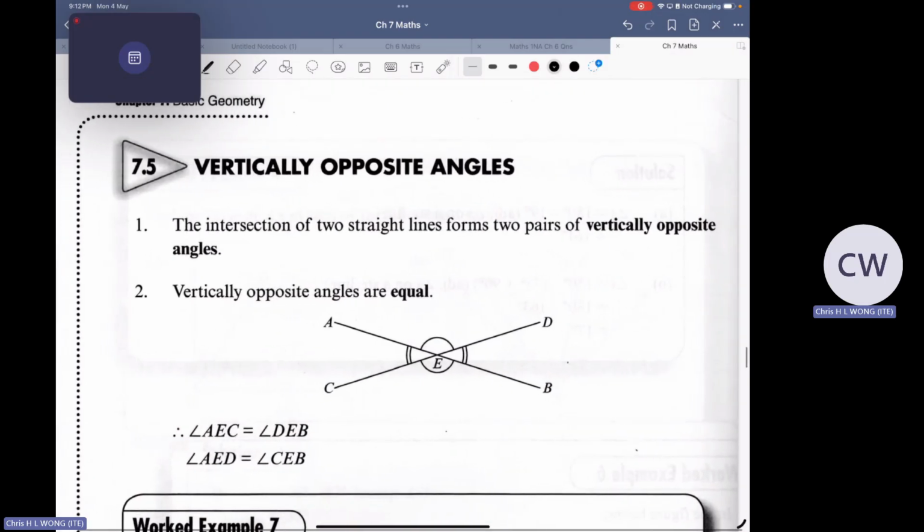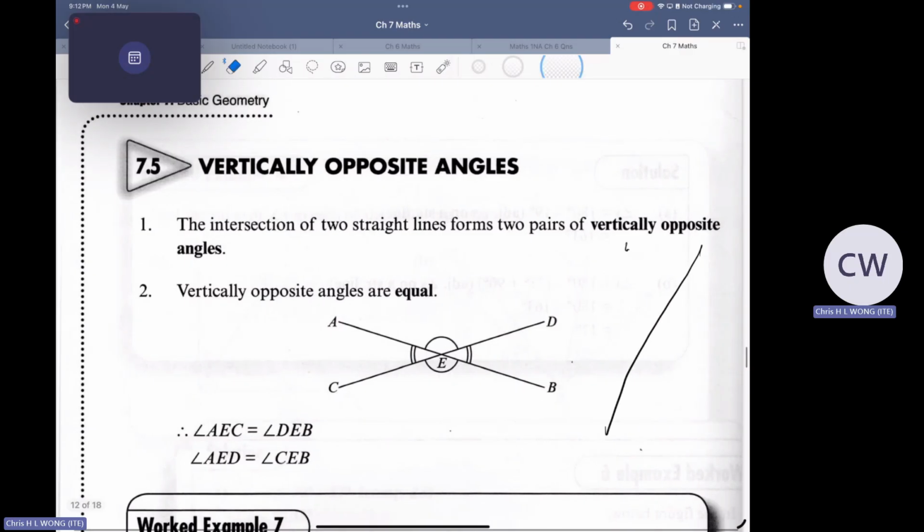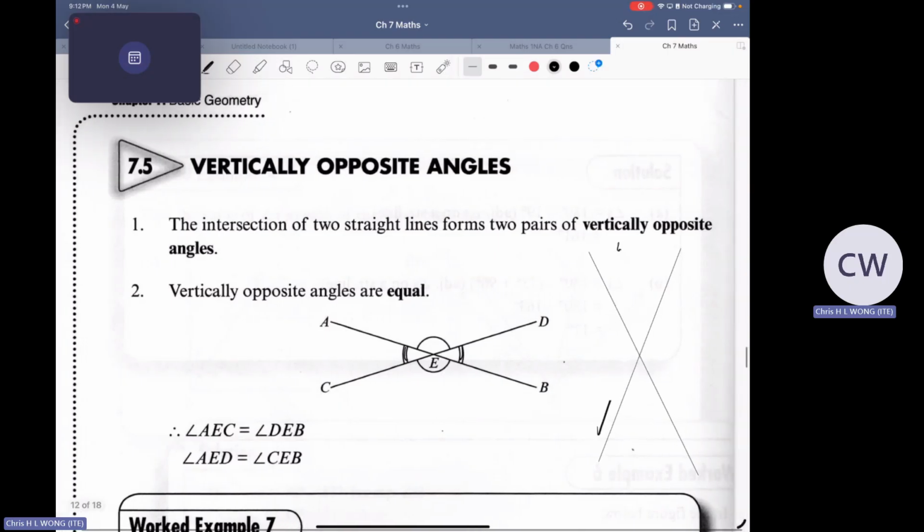Okay, a new rule that you have to remember. If I have two lines cutting across each other, they must be straight lines. The angles opposite must be equal. If I say this is 20, this must be 20.